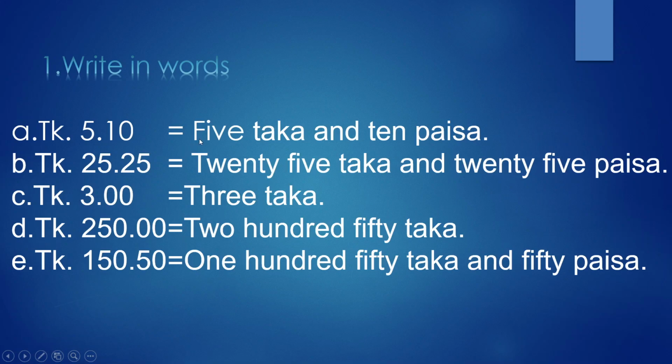We write the taka units first and then put an "and" after, and we write the value of paisa. And if the paisa unit is 0, then we are not going to write it after taka. Okay, do you understand this?